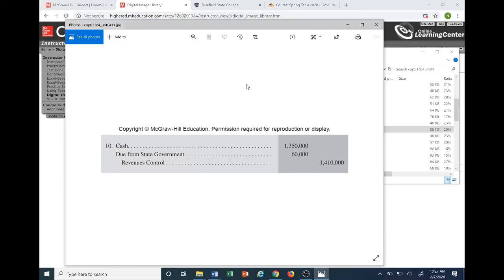Okay, let's see what this next one is. This is other revenues. So right here, this is dealing with sales tax. It says, assume the retailers must submit sales tax by the 10th of the following month to the state government, and the state pays the local governments their share within 30 days. So the merchants, say in January, make sales.